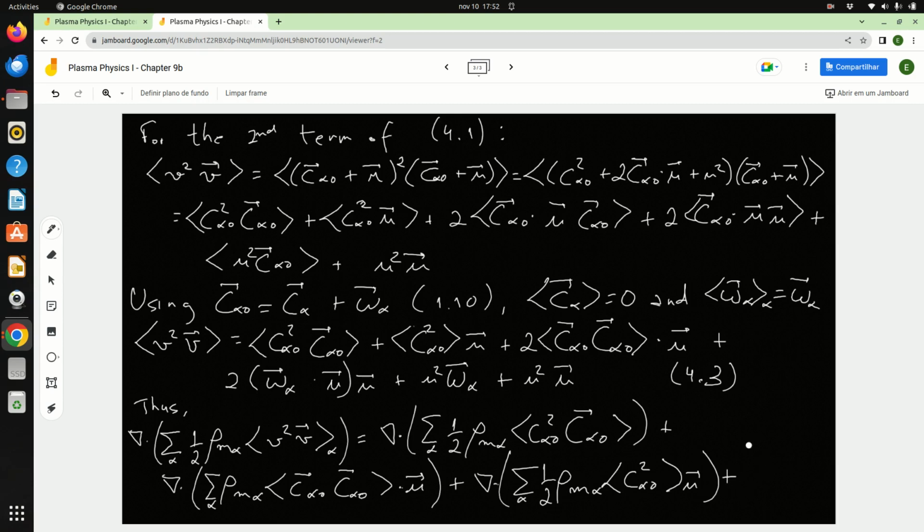No, because there's one more, and it doesn't fit here. It's divergence of the sum 1 over 2 alpha U square U. Okay, almost. So that's it. It's the final one. So this is equation 4.4.